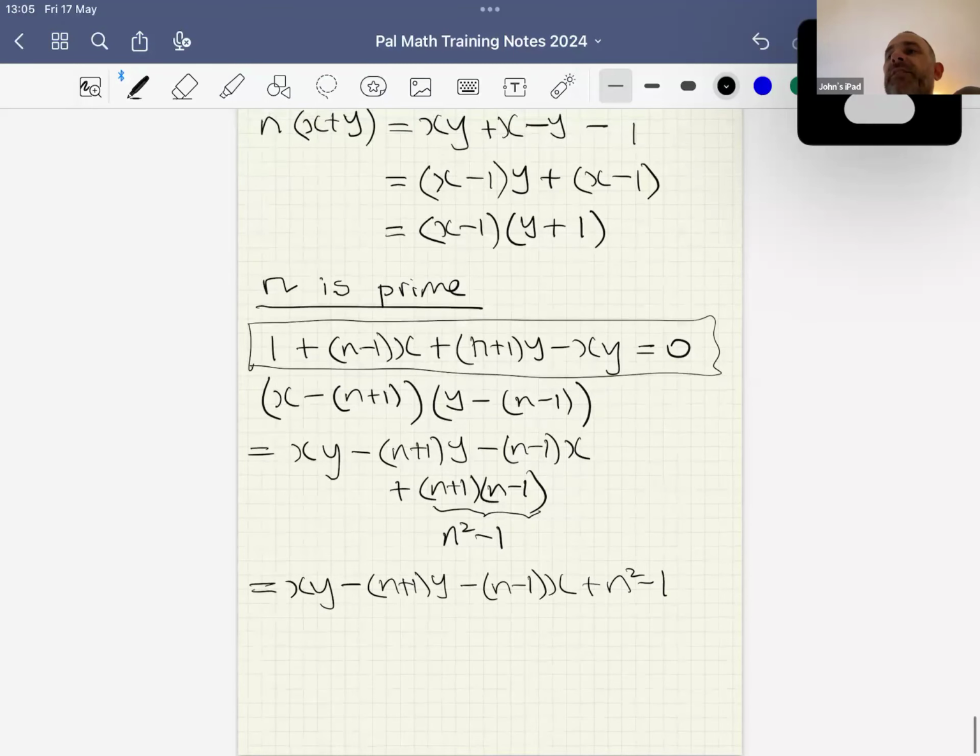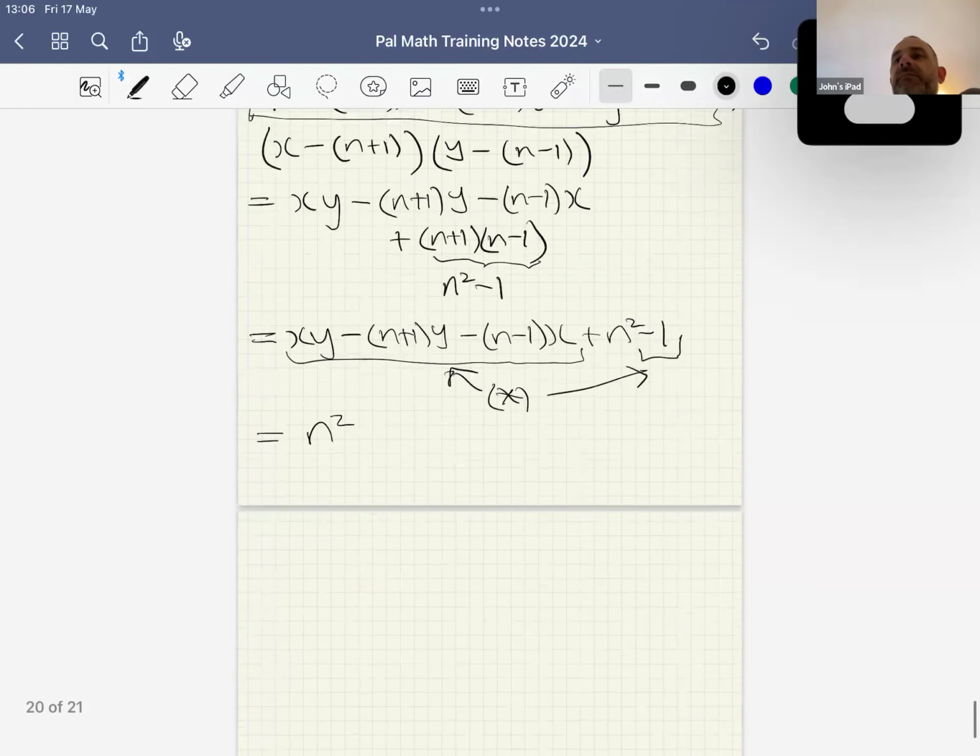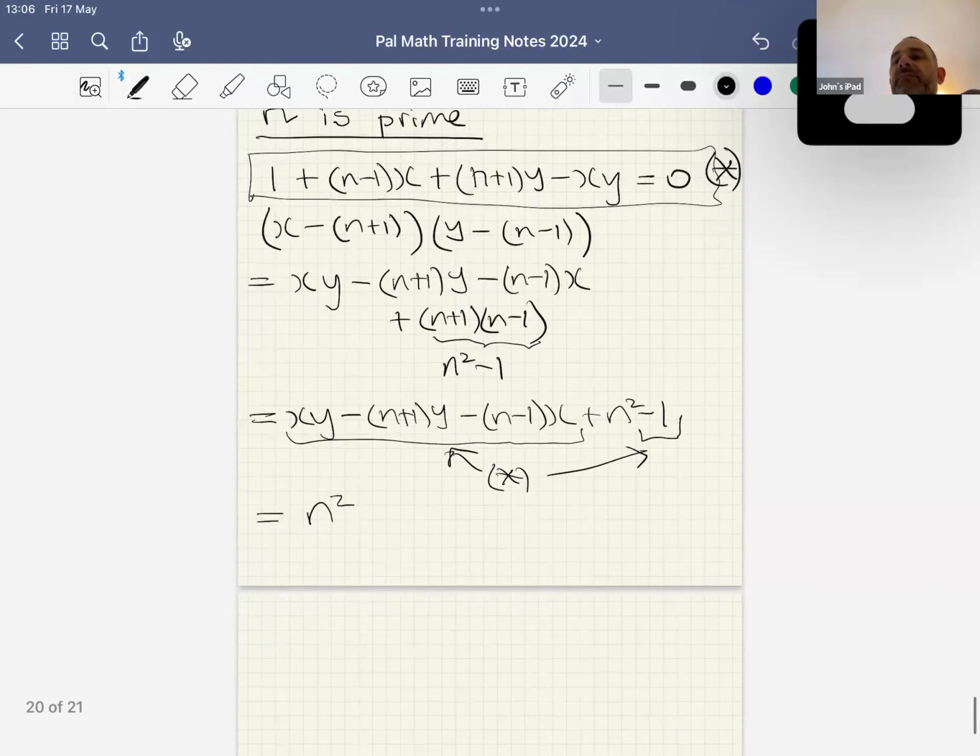Well, if you compare it with this, we basically have this bit and this bit add up to 0. So this whole thing is n squared. Does that make sense?